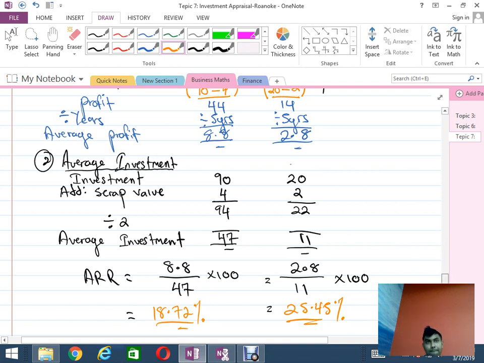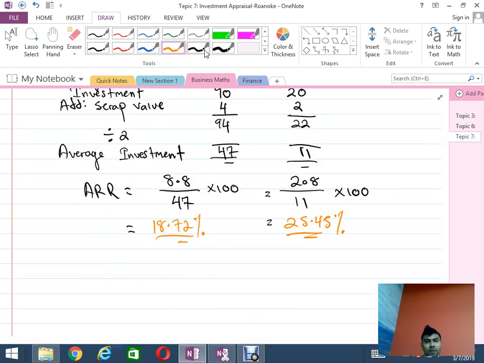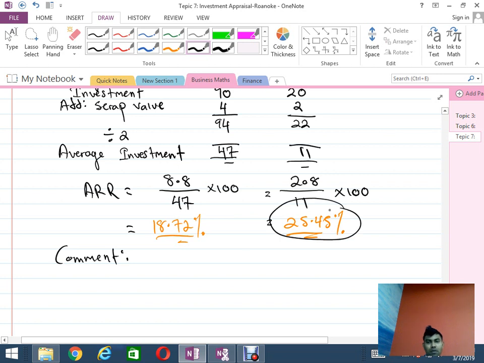Okay, now please give a comment, don't forget. Which project is better, guys? Of course, the highest is the better, right? 25.45.